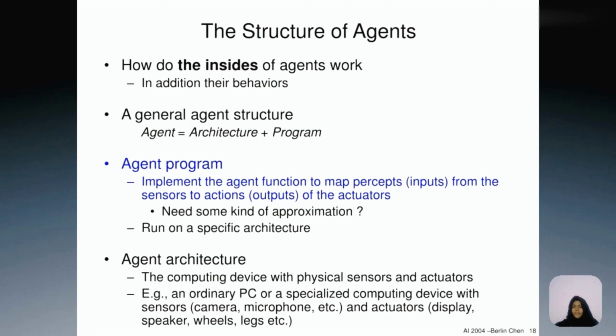It runs on a specific architecture. That is, the agent architecture is the computing device with physical sensors and actuators. For example, an ordinary PC or a specialized computing device with sensors such as camera, microphone, etc., and actuators such as display, speaker, wheels, legs, etc.